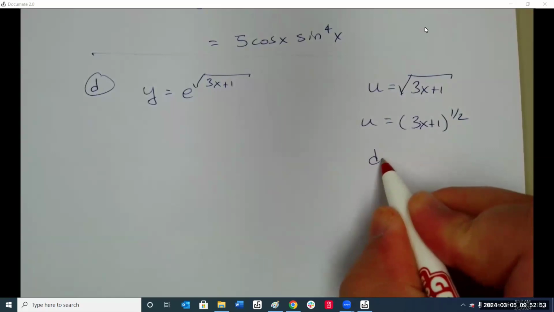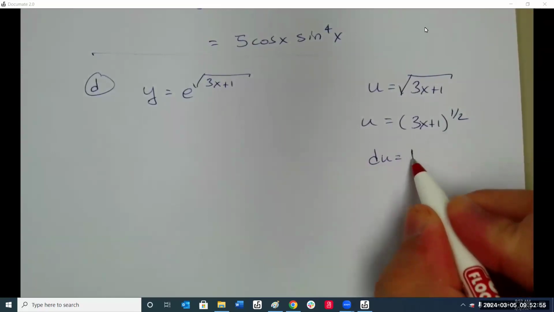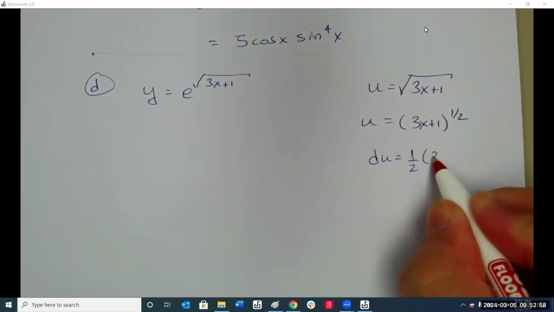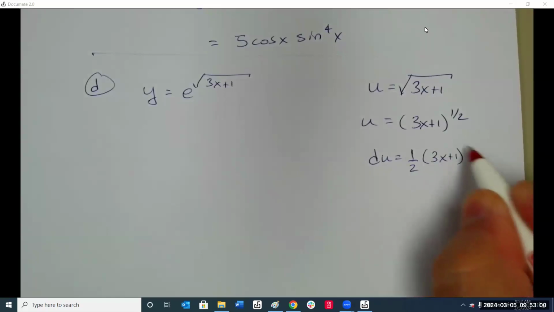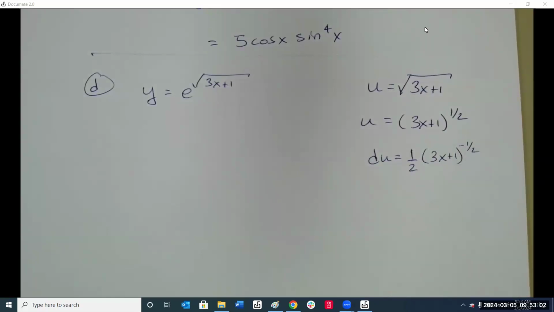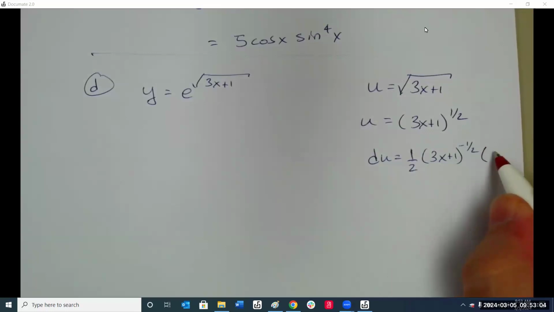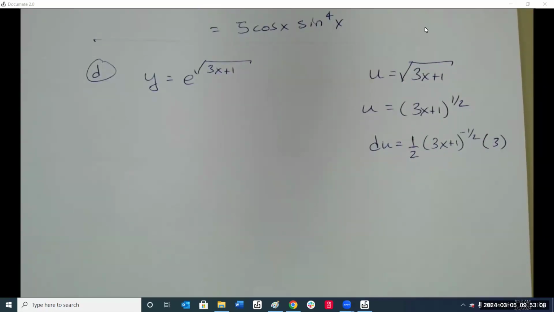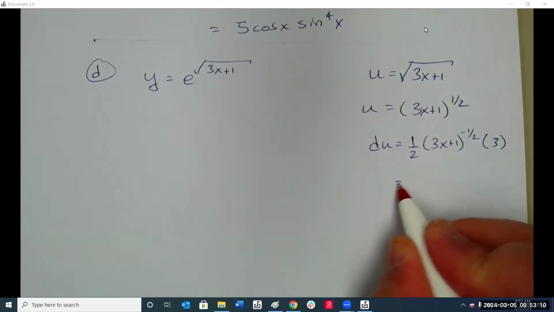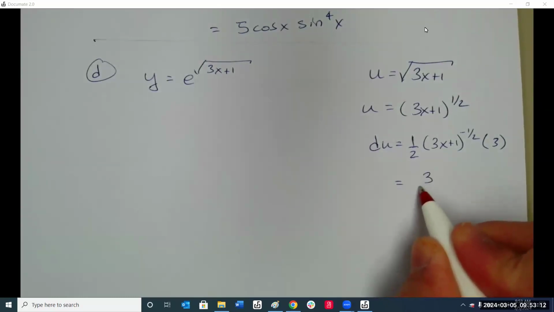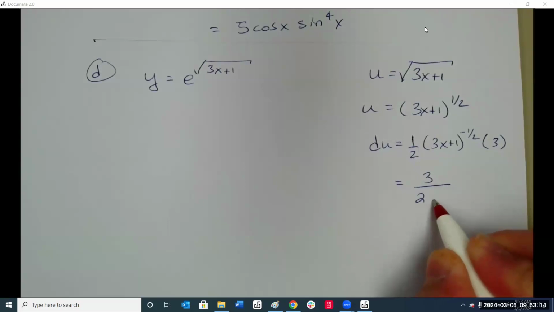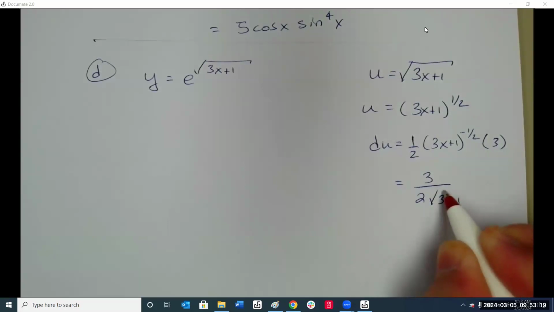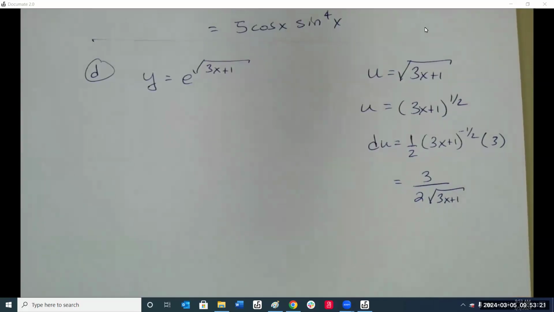So the derivative of u is 1/2 (3x plus 1) to the power negative 1/2 times 3, which is on the inside. Which becomes that.